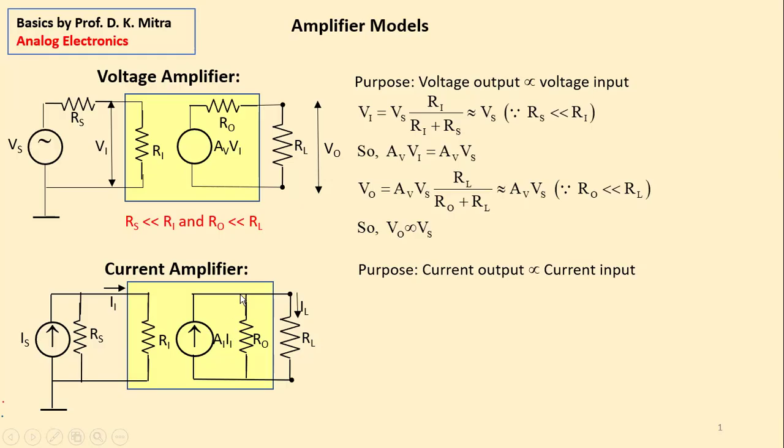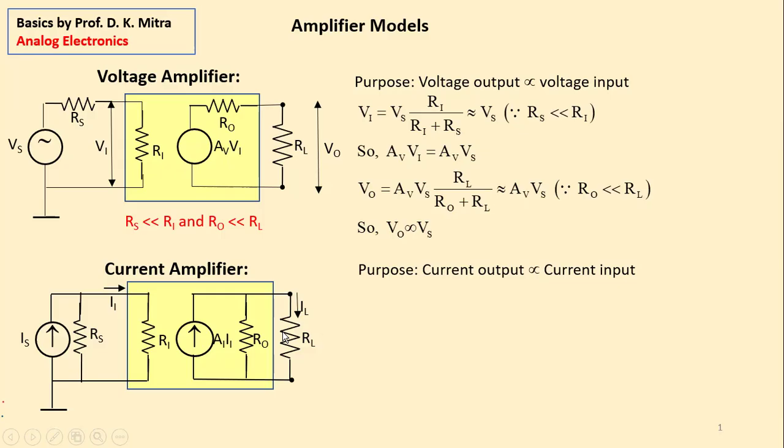And in Norton's equivalent, there is a resistance in parallel to this current source. These things I think you have learned in your first year, that for Thevenin equivalent, a voltage source has a resistance in series, and in Norton equivalent, a current source has a resistance in parallel.